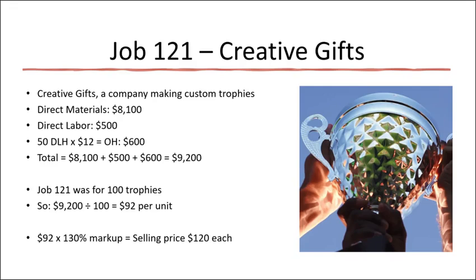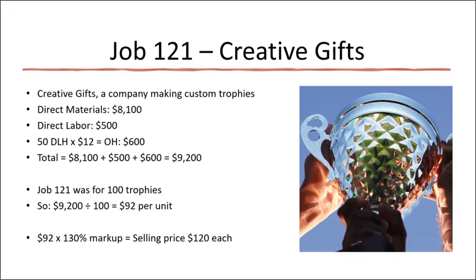Next, applied manufacturing overhead. Let's just use for simplicity that same $12 predetermined overhead rate that we've already seen and apply that to the 50 direct labor hours, the allocation base that Creative Gifts would use to allocate the cost. That would add up to then $600.